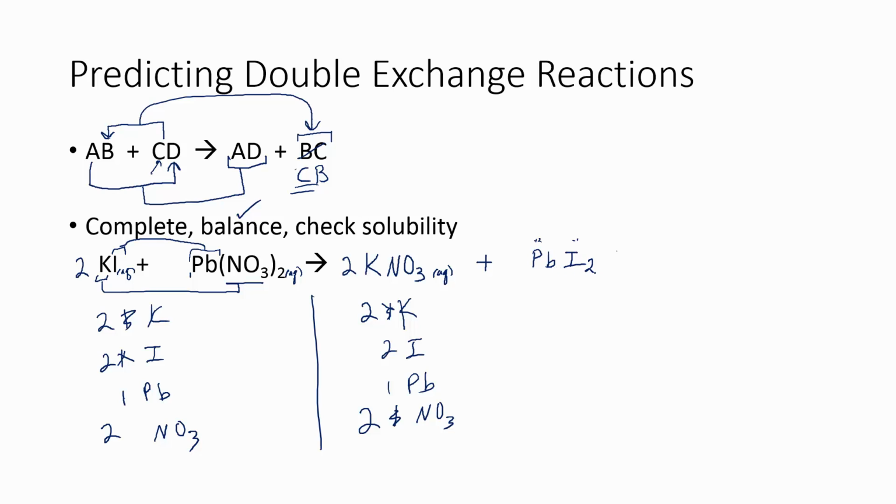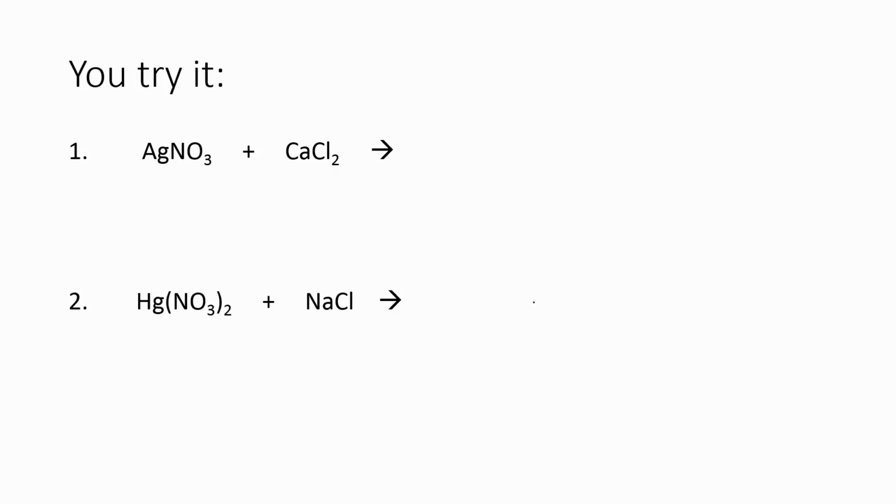And lead iodide, all halide salts are soluble except mercury, lead, and silver. So this is one of the exceptions to iodide ions making a soluble compound, so this is a solid. So this is the full, complete, and balanced precipitation reaction. Alright, so you give these a try. Pause it, do the same thing I just did, unpause it, see how you did.